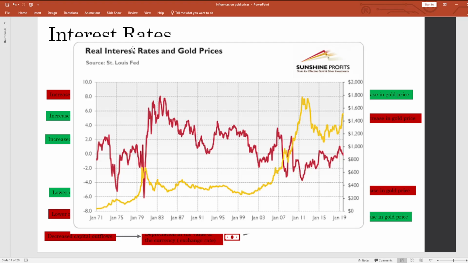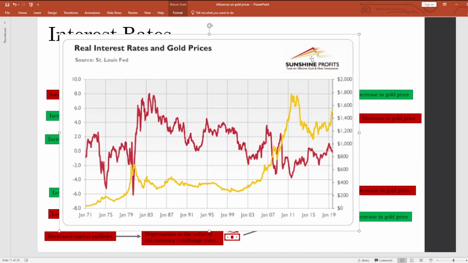The quoted interest rates are in nominal values, so that means that they do not take into account inflation, whereas real interest rates do take into account inflation, and they give you a more accurate picture of the actual interest rates present in the economy. So in red we got the real interest rates, and in yellow we got gold prices.